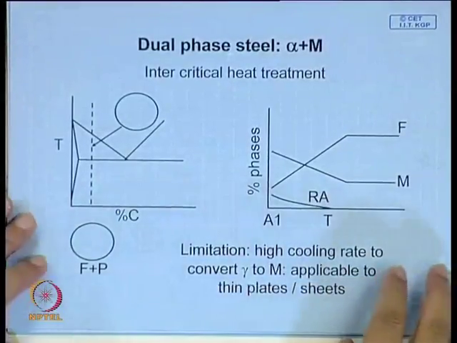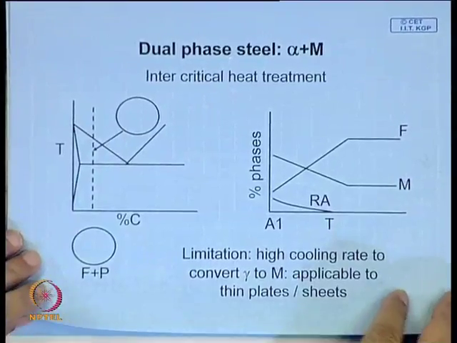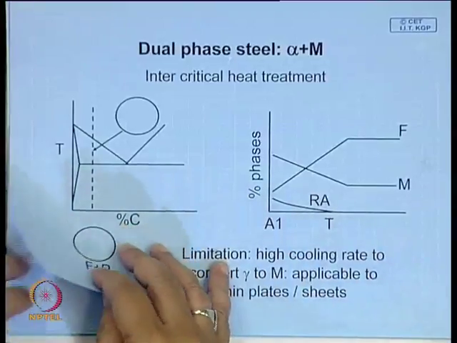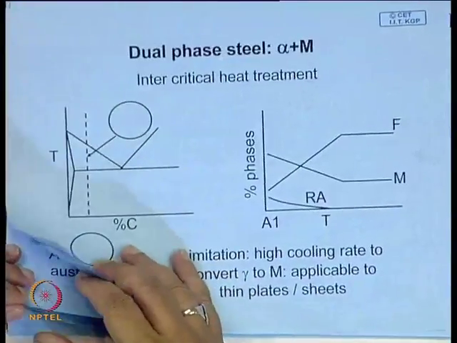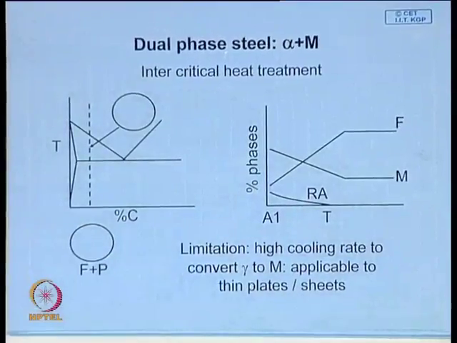A quick look at this: we looked at how, by thermomechanical processing and controlling the transformations, we can get extremely fine grain structures, which have very good strength and toughness, and as we will see later, very good weldability.